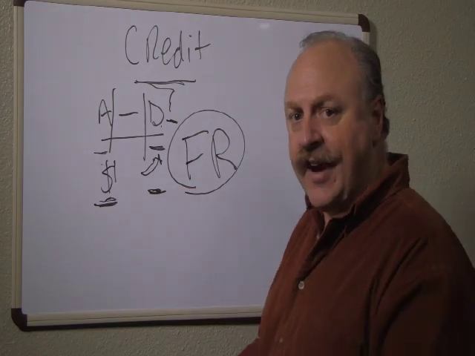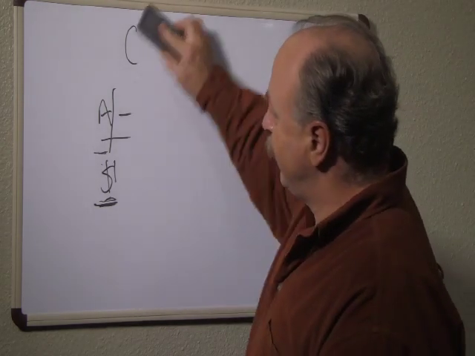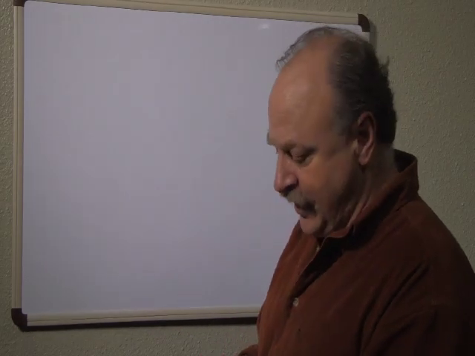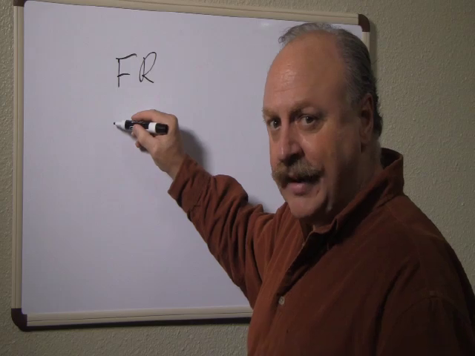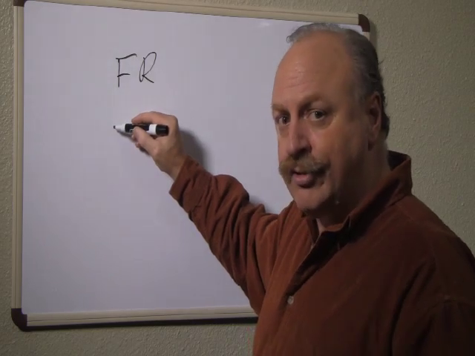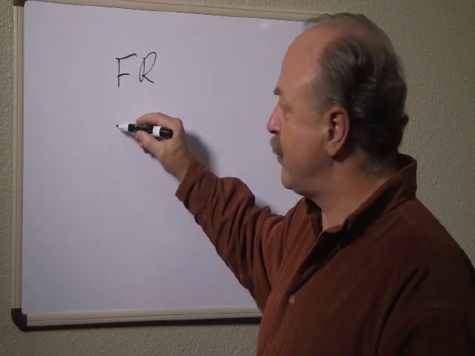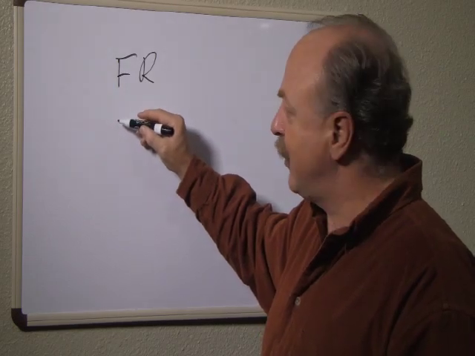Now I want to talk about factoring rate for a moment. Factoring rate has to do with the cost of the money, not an interest rate. There is no interest rate here. Nothing accrues during the period that this loan is out there for the business.